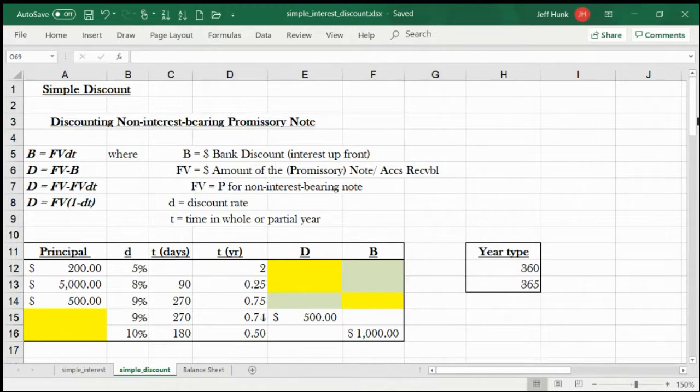And in our last video, we discussed what a promissory note is.